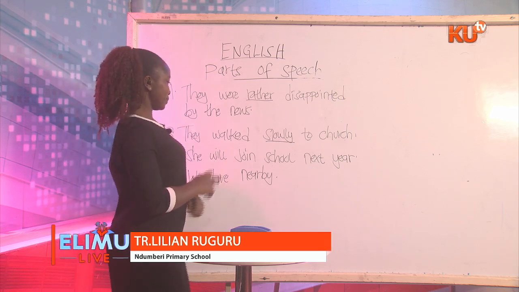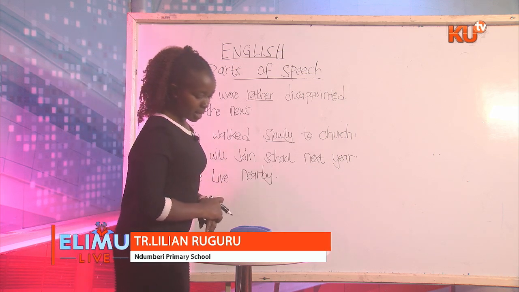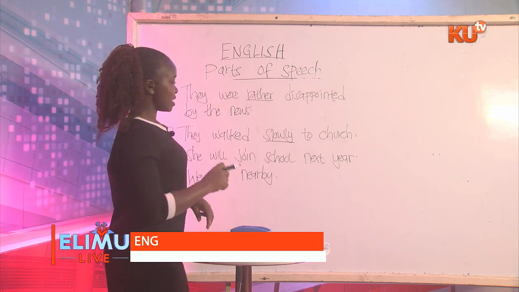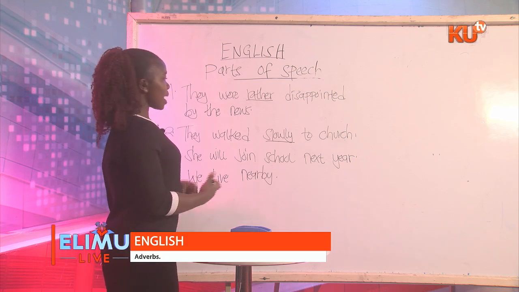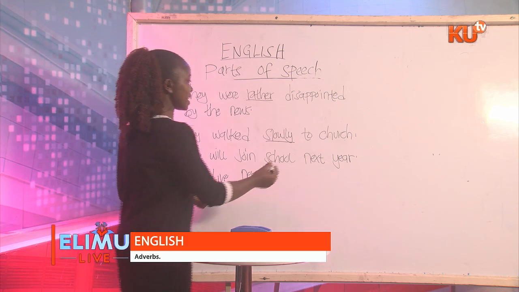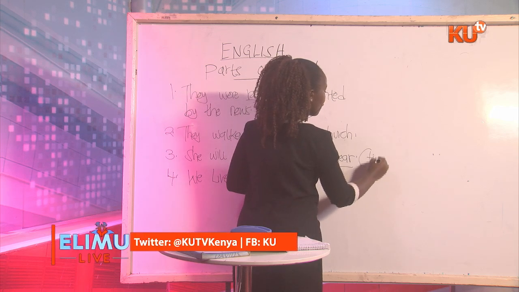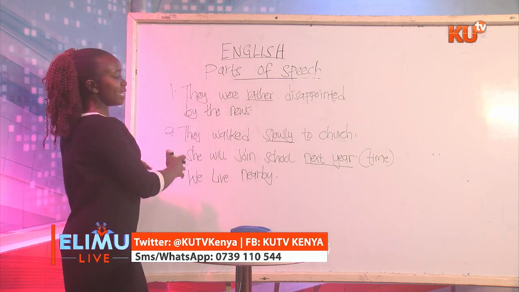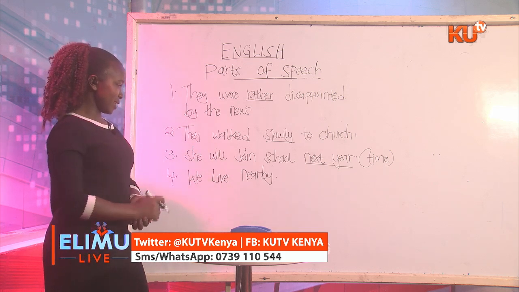And the next question is, she will join school next year. Our adverb here is next year, and this one is an adverb of time. It is telling us when the girl is going to join the school.